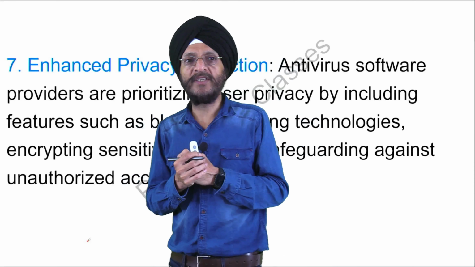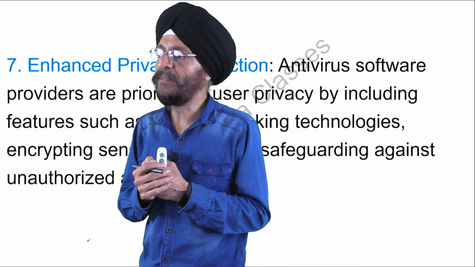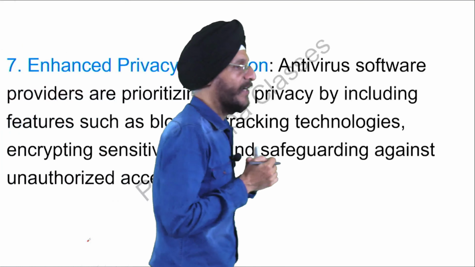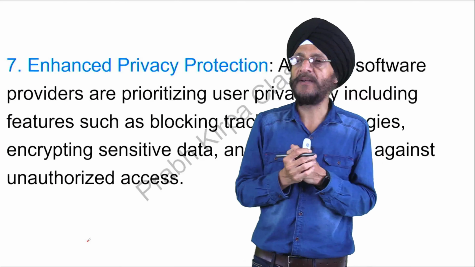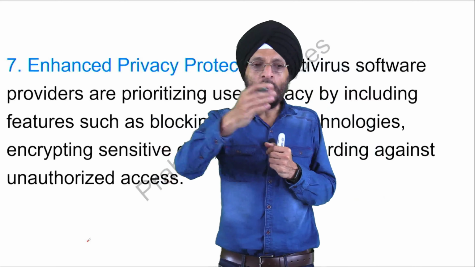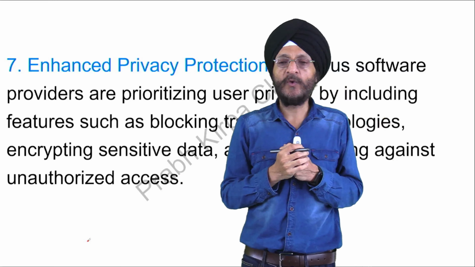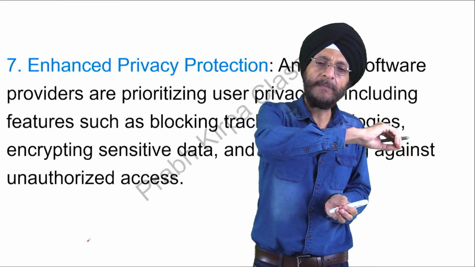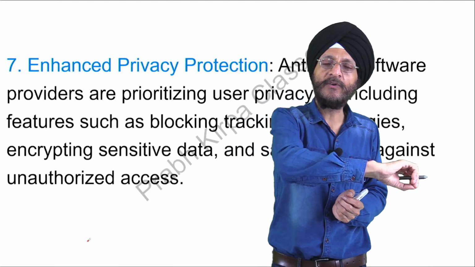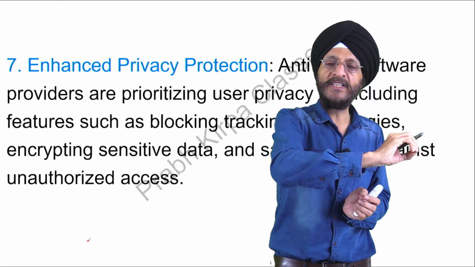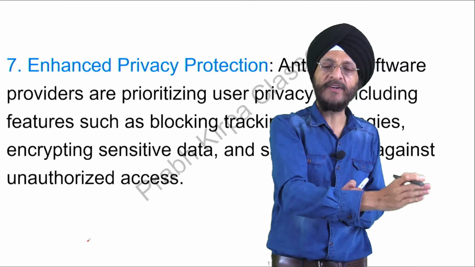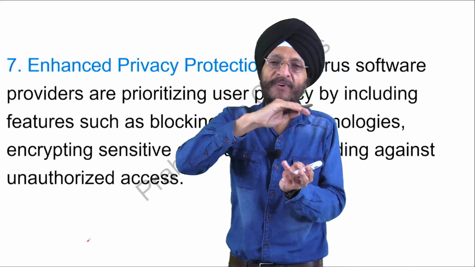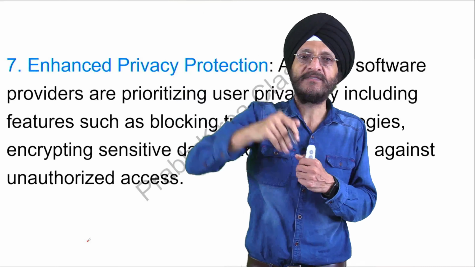It means that sometimes it may happen that we may visit some malicious website, and that malicious website downloads some malicious software on our computer system. We do not know. When we use the internet, it may be possible that the malicious software which has been installed by the malicious website on our computer will transmit our personal as well as confidential business data to that malicious website.